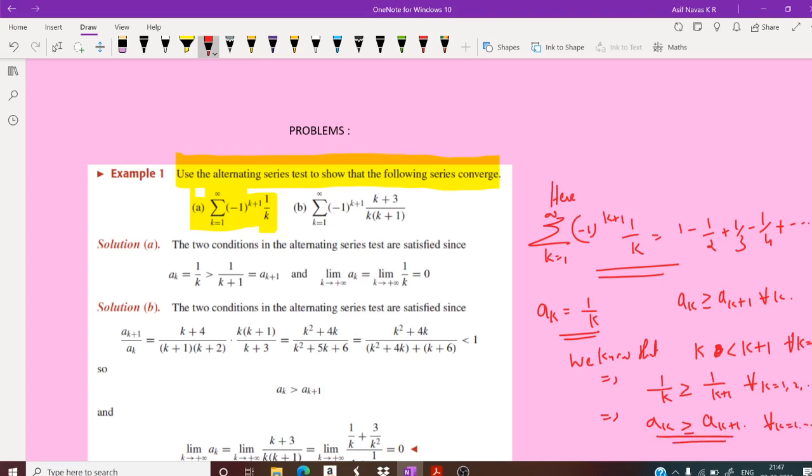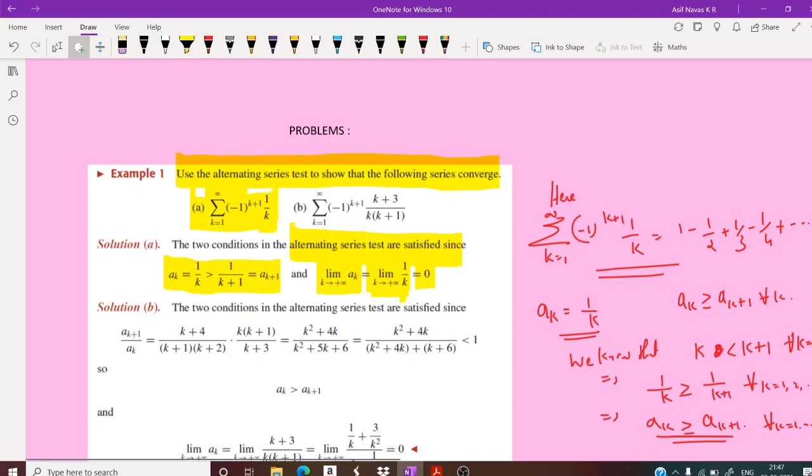Therefore the first condition is satisfied. Now for the second condition, the limit as k tends to infinity of a_k is equal to the limit of 1/k, which is equal to 0. So both conditions in the alternating series test are satisfied. Therefore the series converges.